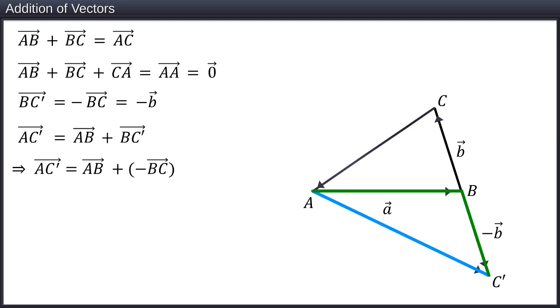We know that vector BC' is equal to the negative of vector BC. Substituting the values of vectors AB and BC, we find that vector AC' is equal to vector A minus vector B.